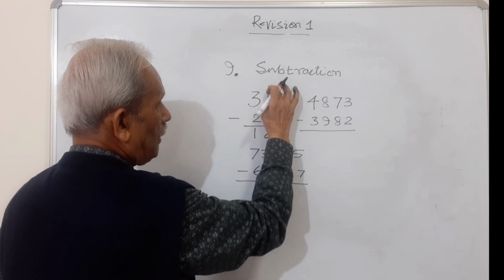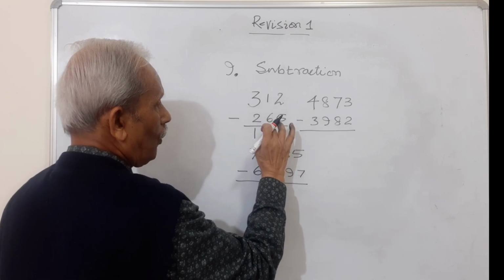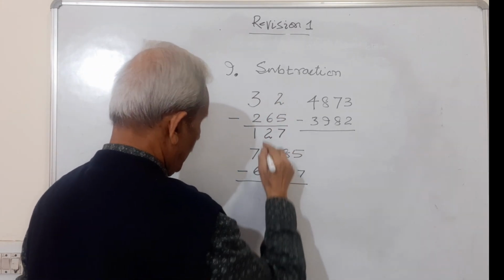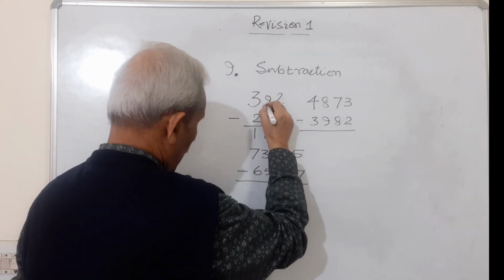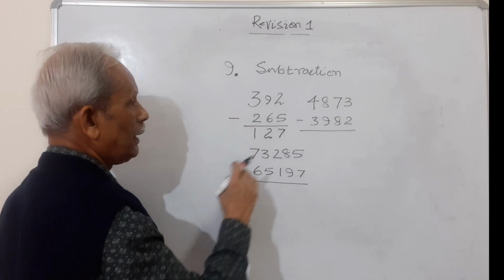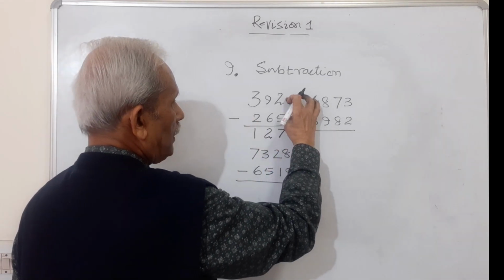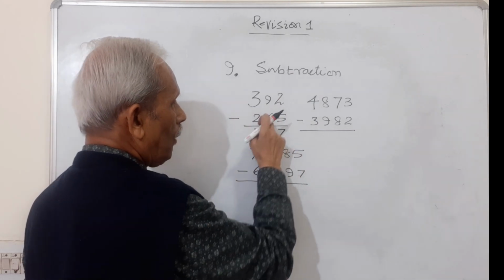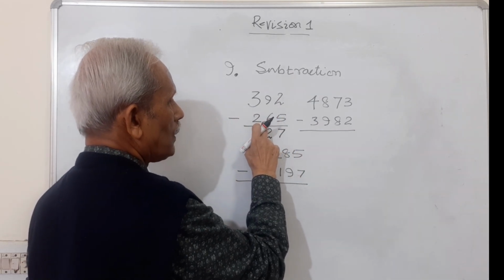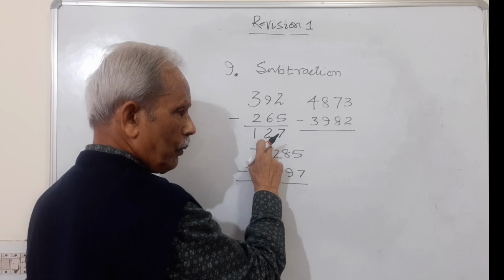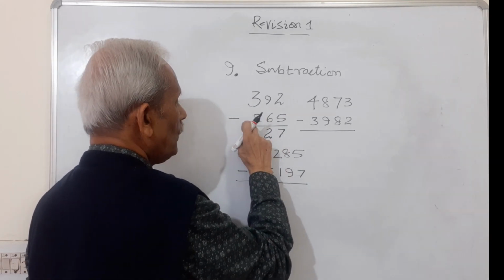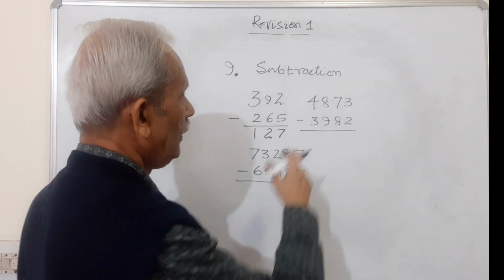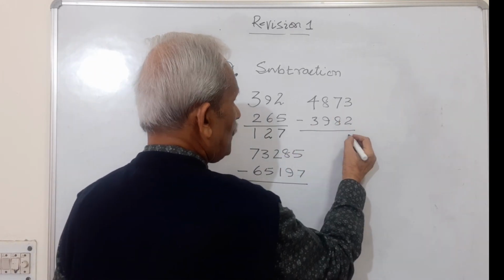So 5, 9 minus 5 is 4, that you would have written. But here the question is different. Here it is 3, 9, 2. Now what we are doing, seeing the difference of 2 and 5 is 3, 10 minus 3 is 7. Out of complement, so you add 1 here, 6 plus 1, 7, 9 minus 7 is 2. And then 3 minus 2 is 1, nothing is to be done. Right? 1, 2, 7.